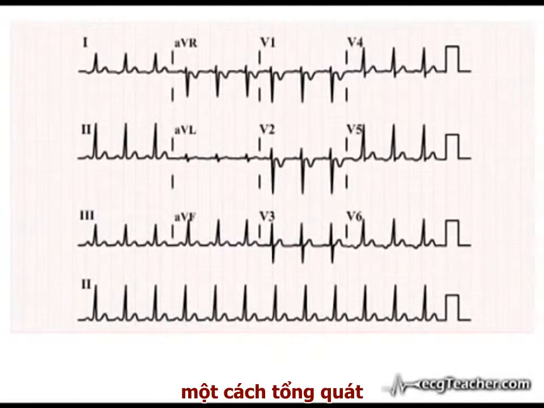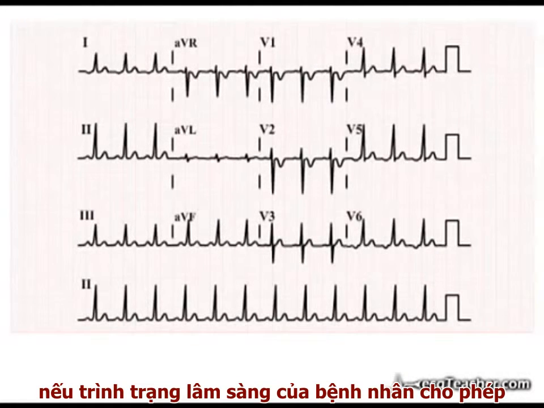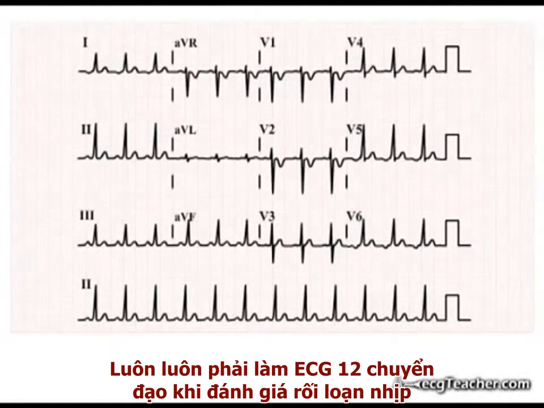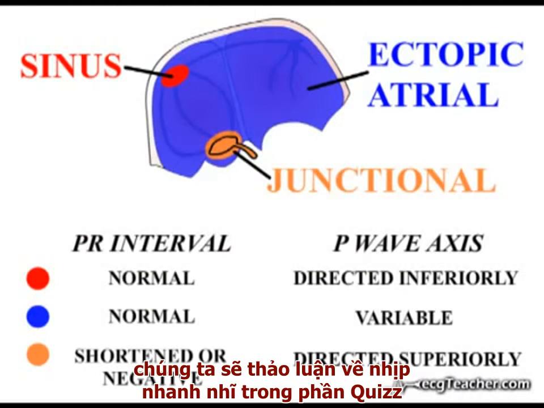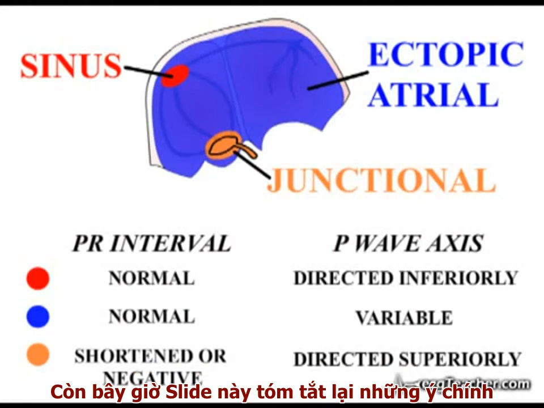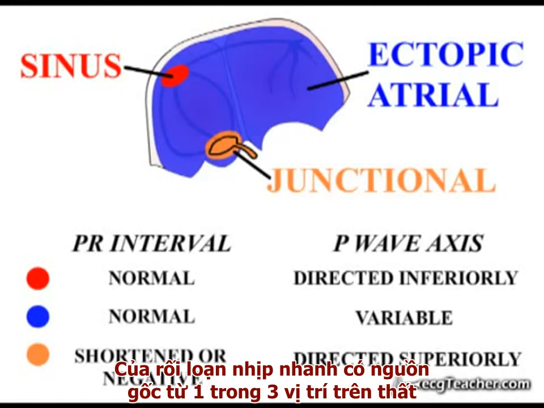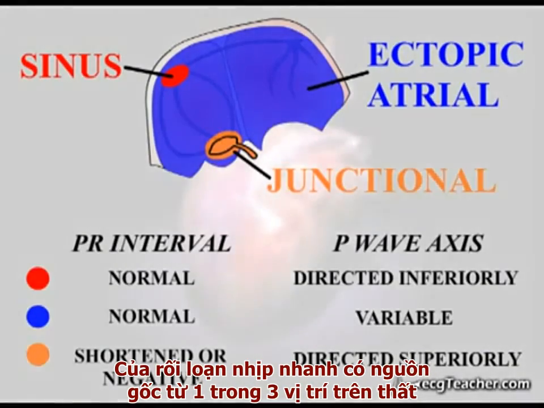Secondly, as a general point, if the patient's clinical condition allows it, a full 12-lead ECG should always be obtained when trying to diagnose an arrhythmia. We will discuss ectopic atrial tachycardia again in the quiz section. For now, this slide summarizes the main features of tachyarrhythmias arising from a focus in each of the 3 supraventricular zones.